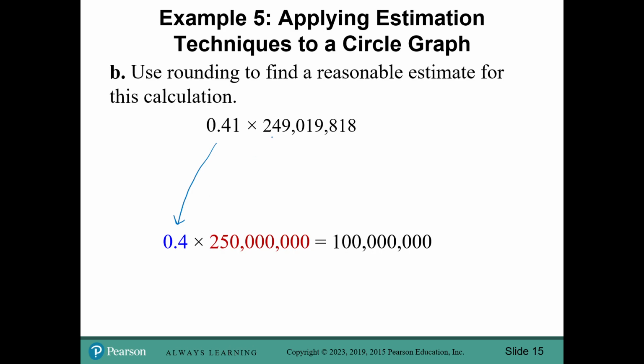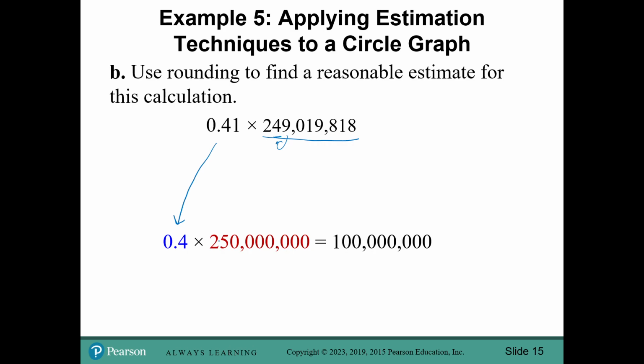And then we are going to round this 249,019,818 to 250 million as our estimate for that particular number here. Okay, so here we rounded to the 10 millionths place, which was our 4 here. Our 9 told us to round that up.